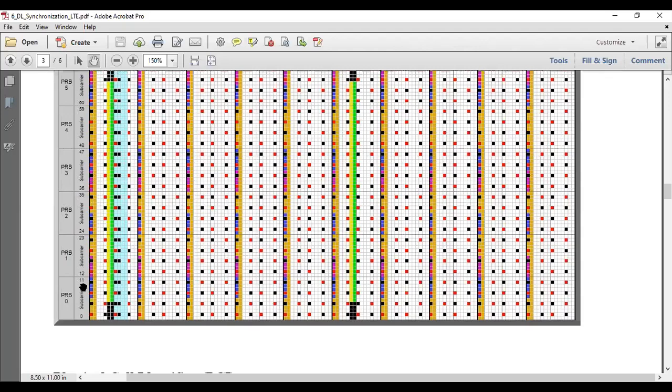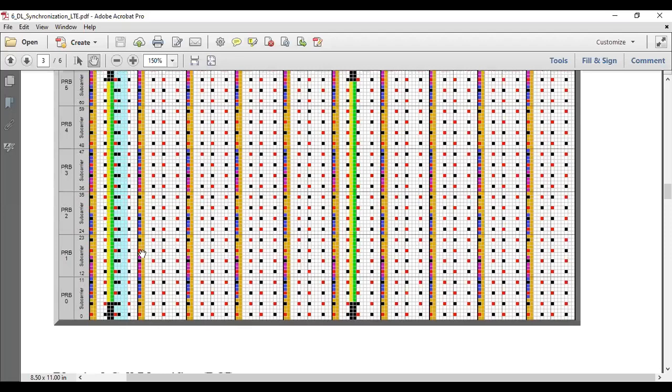On that SSS, you try with different possible sequences until you get a correlation peak. It is not burdensome, although you have quite a few different variations, because you know the location. Only on that particular symbol, you try the correlation. Once you hit, you keep checking the other possibilities.